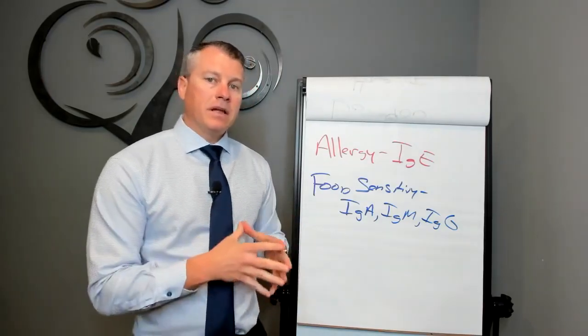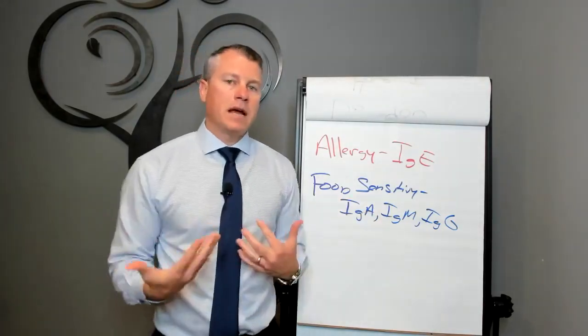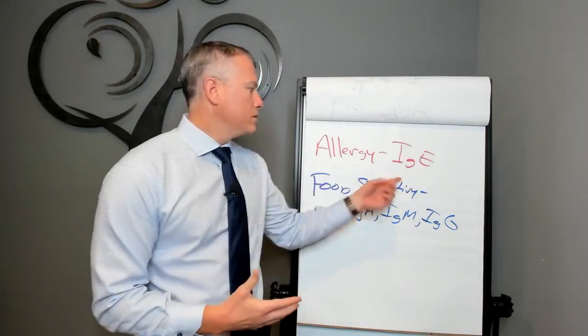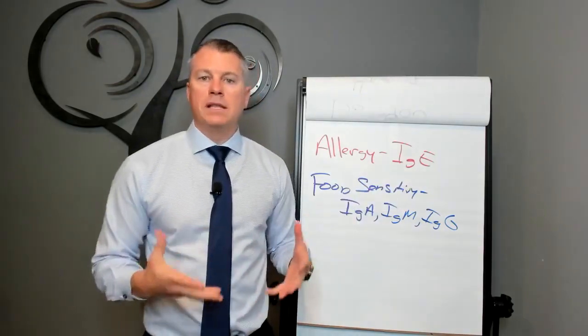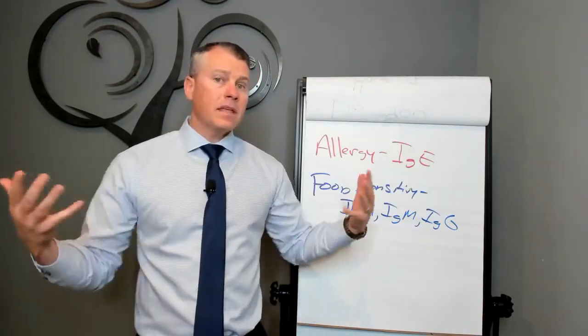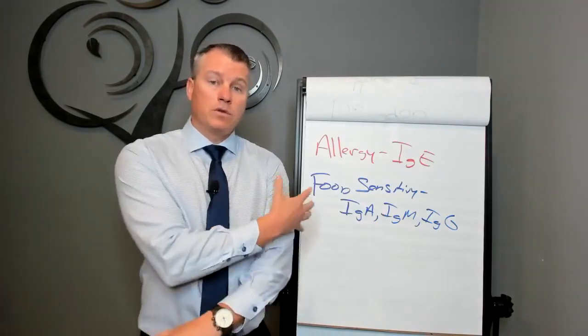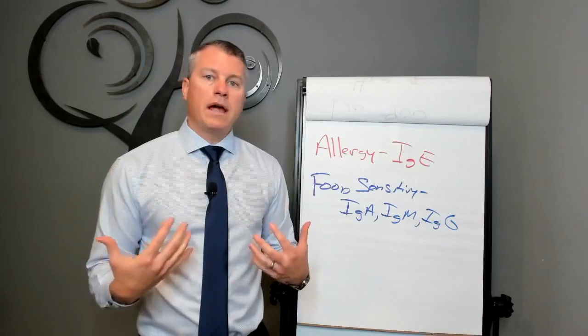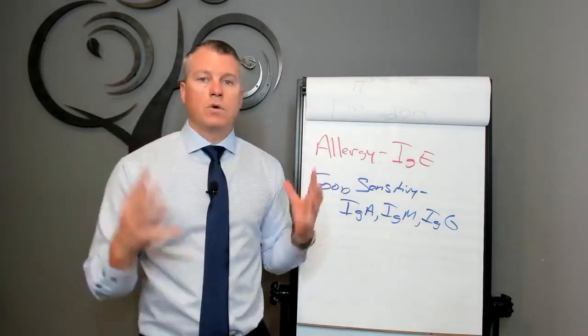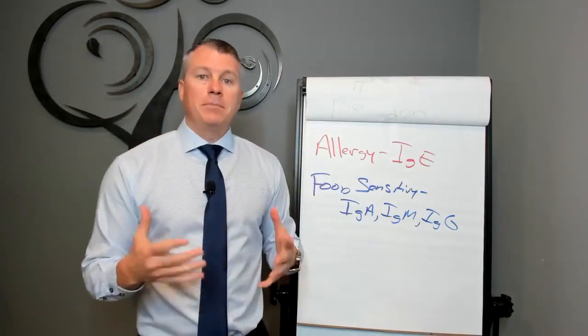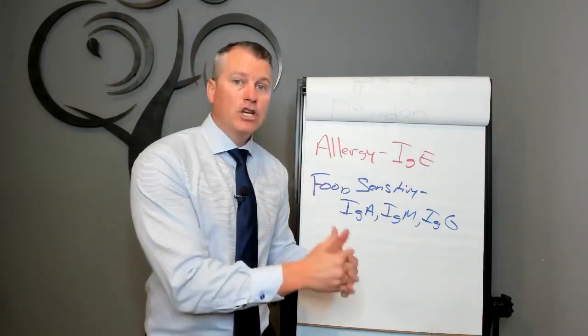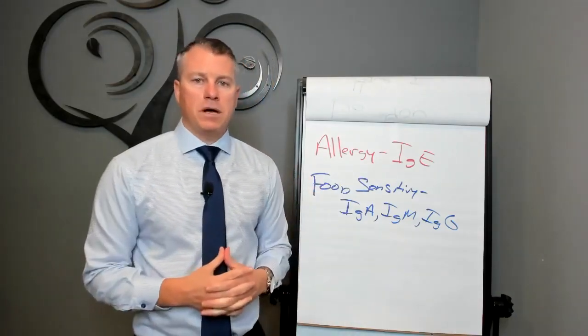Now, what's interesting about these is they're not going to oftentimes create the same type of symptoms that you'll experience from an immunoglobulin E response. Again, if I get stung by a bee, and I do have an allergy to bees, I'll get very swollen. Maybe I get shortness of breath, I can't breathe, my body starts to swell up, those sort of things can start to occur because I have an allergy to that specific response.